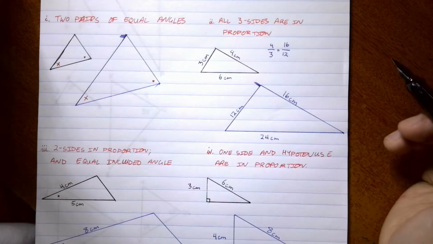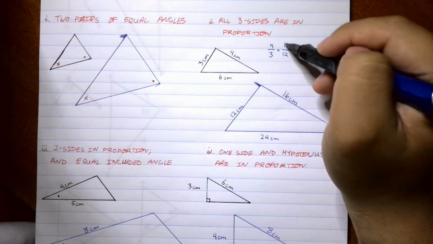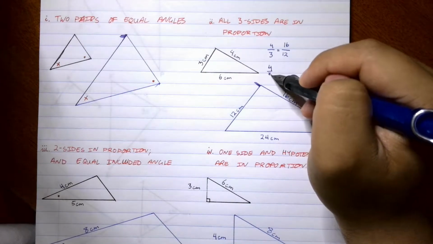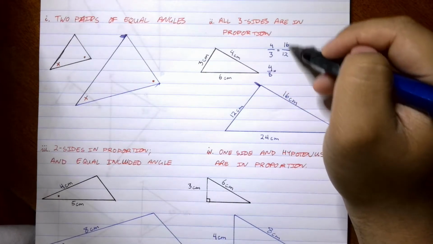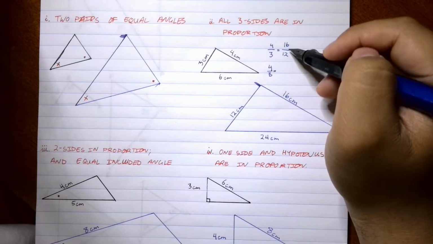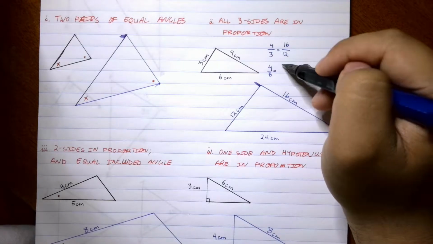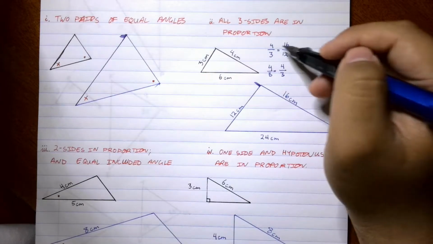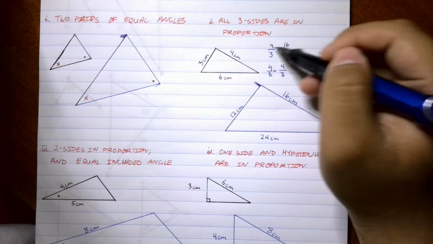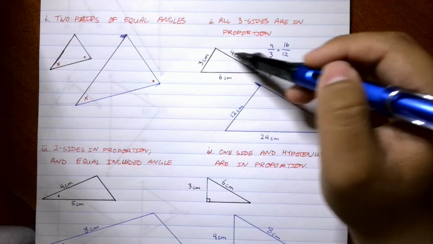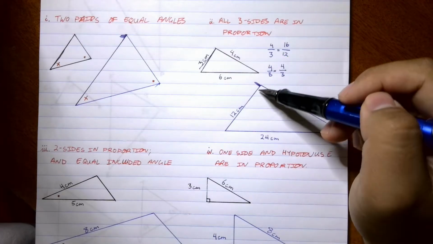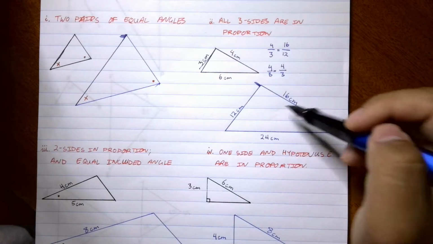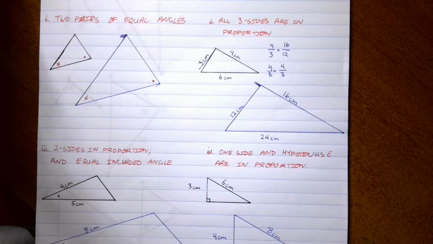Will these two fractions be the same? Well, if we simplify this fraction, it will become 4 over 3, dividing both top and bottom by 4. So 16 divided by 4 is 4, 12 divided by 4 is 3. As you can see, they are the same fraction, meaning this side is in proportion to this one, and this side is in proportion to this one.